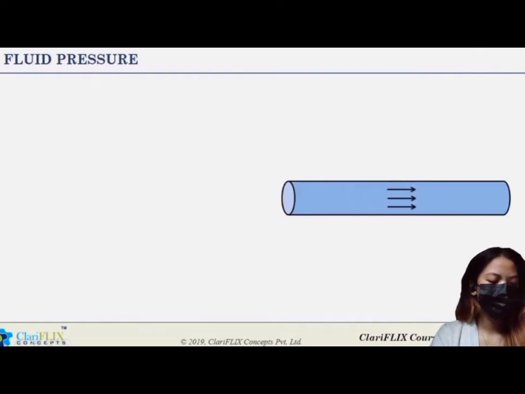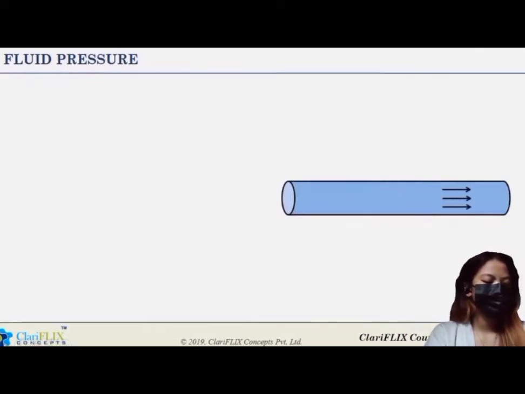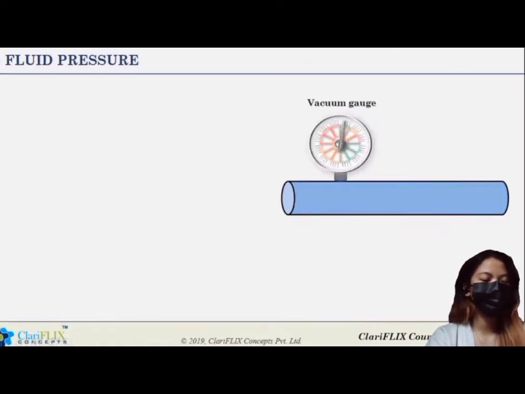A fluid is flowing through a pipe and the pressure of the fluid inside the pipe is lower than the atmospheric pressure. We use a vacuum gauge to monitor the pressure. For instance, the vacuum gauge attached to the pipe shows 1000 pascals, so this 1000 pascals is the vacuum pressure of the fluid in the pipe.